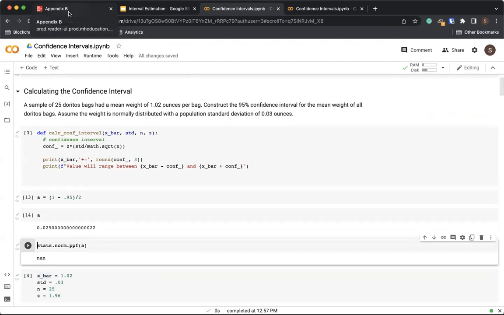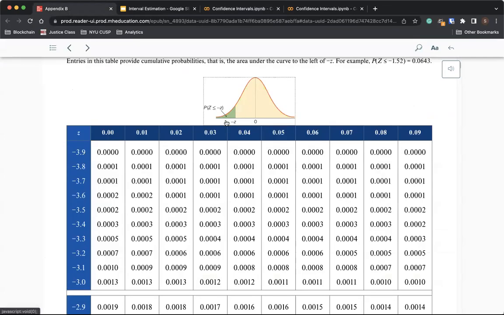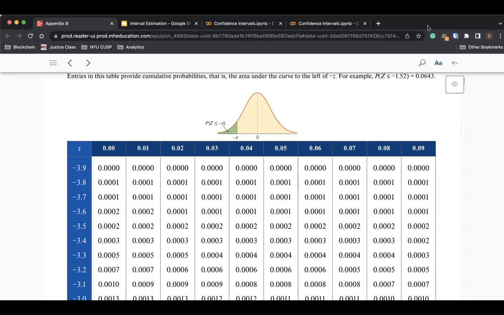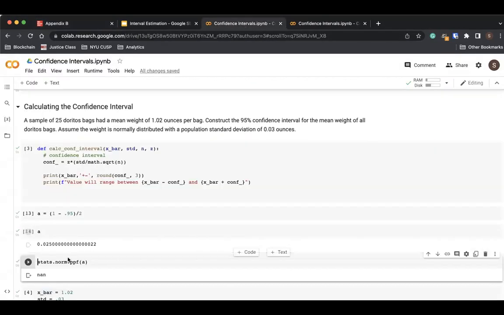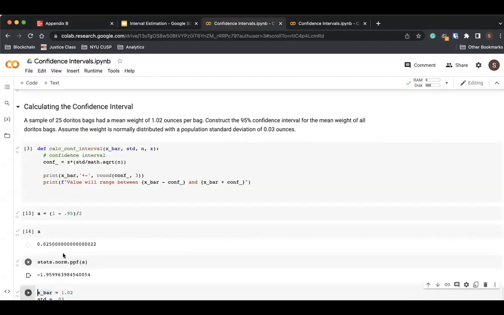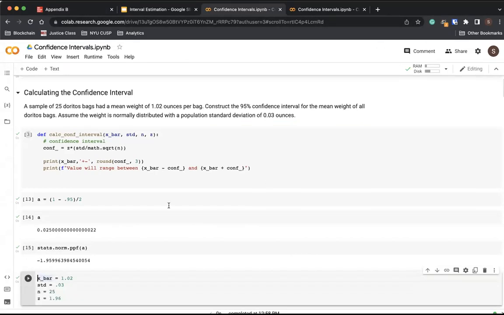And I'm just hopping back to the Z table. So now we're just taking one of those tails, because before, that 0.05 would be for both tails. And now we're dividing that by 2. So we can either use the Z table to get that value, or we can use this function to get the Z score of A, which is more precisely this value, but we round it to 1.96.